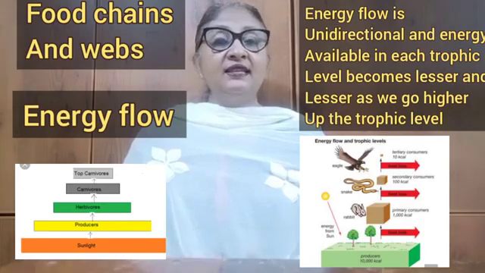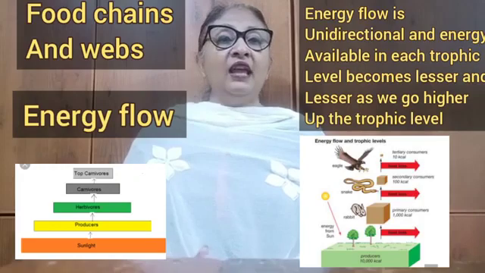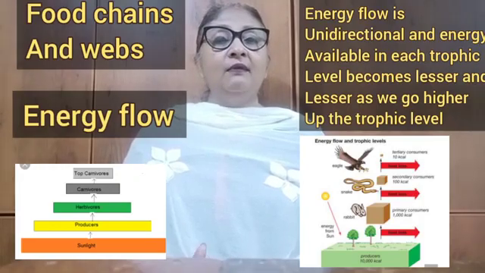Therefore, we can rightly say that as we go higher up, the energy that is available becomes lesser and lesser. This is the first conclusion we come to from the energy flow diagram. Once again, the first conclusion is that energy flow is unidirectional, and energy becomes lesser and lesser as we go higher up the trophic level.